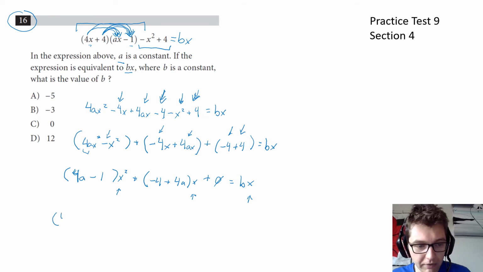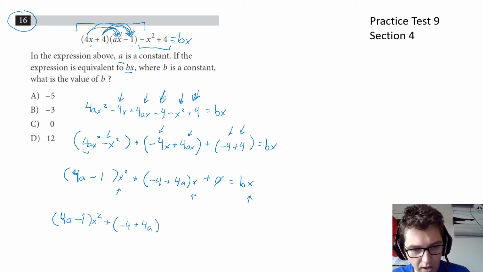So we'll have the left-hand side basically the same as it is now. 4a minus 1 times x squared plus -4 plus 4a times x. I'm going to get rid of that plus 0 because we know it's 0 now. It is equal to, and you can write this out, remember, anything multiplied by 0 is 0.